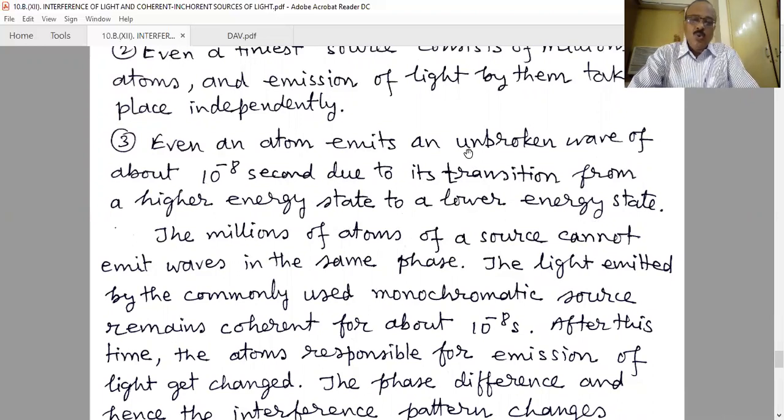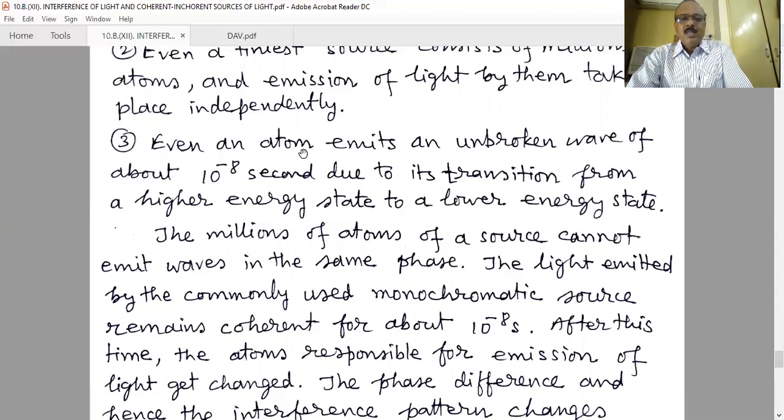When atoms or molecules emit light, before that they have to pass to an excited state by absorbing some energy. This excited state is unstable, and it has to emit energy in the form of electromagnetic waves as it transitions from the higher energy state to the lower energy state. The time taken for this is about 10 to the minus 8 to 10 to the minus 9 seconds.